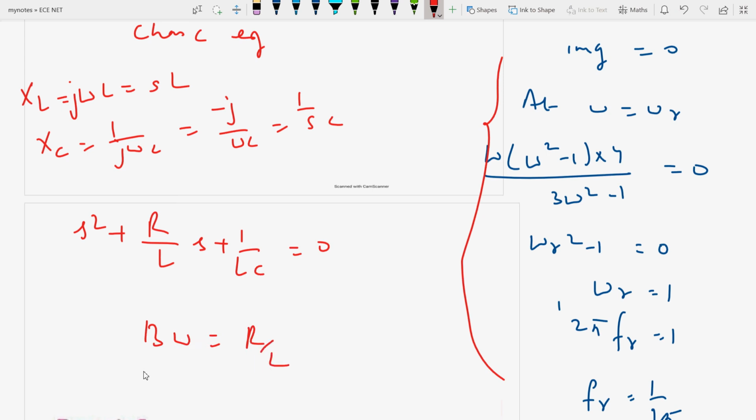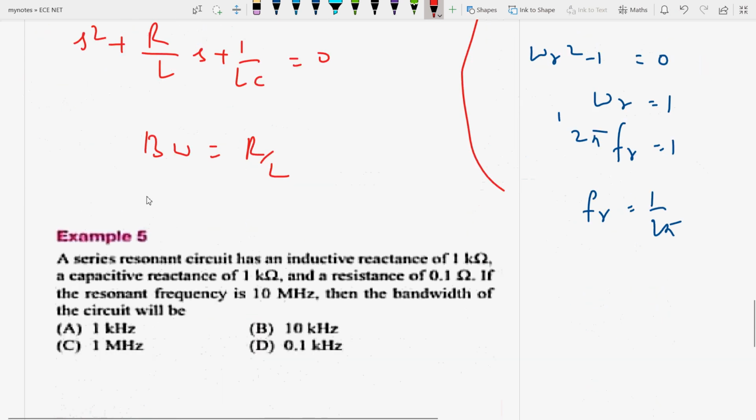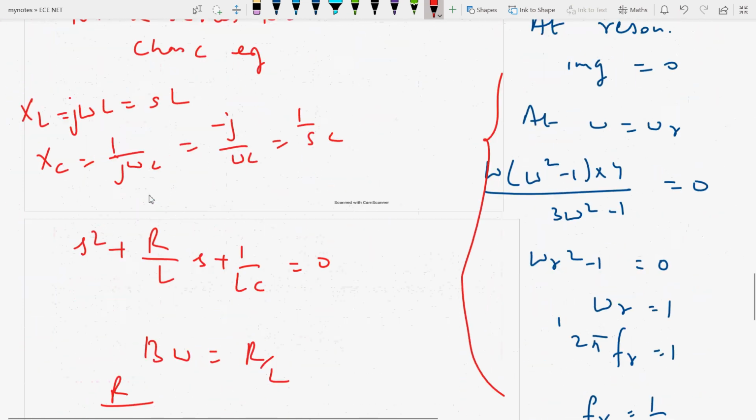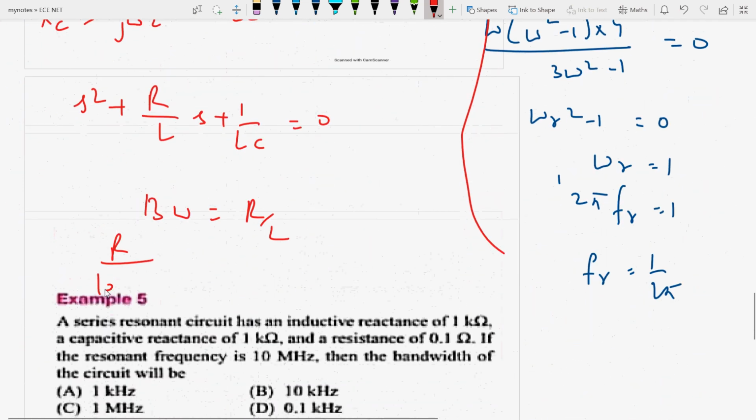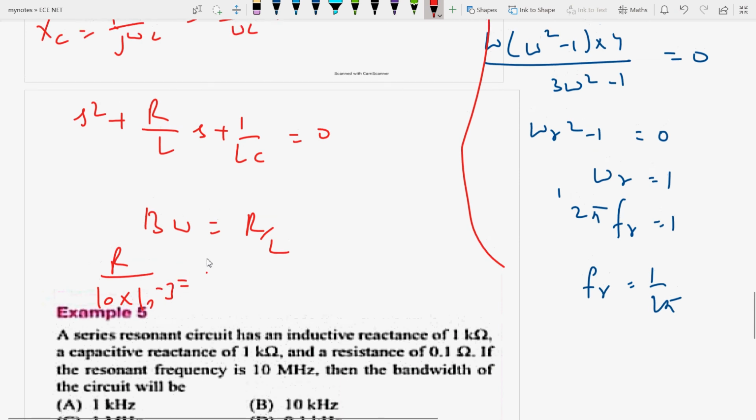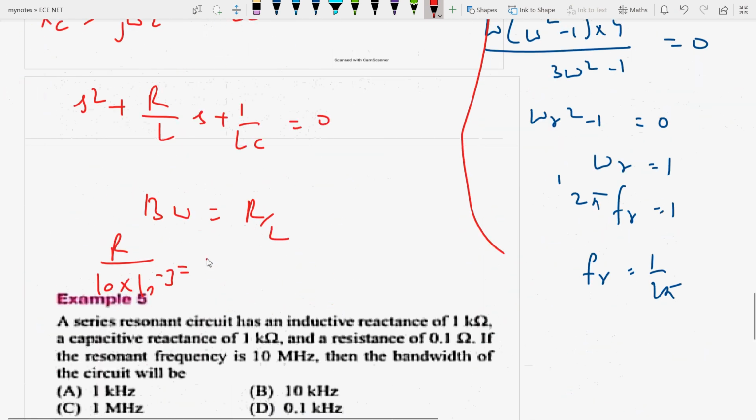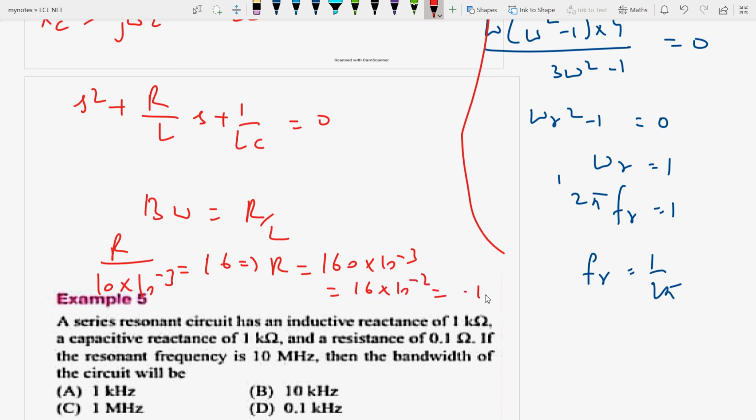So just put down the values here: L is 10 millihenry, so it is 10 into 10 to the power minus 3, and the bandwidth is 16 hertz, so it is 16. So R is equal to 160 into 10 to the power minus 3, which is 16 into 10 to the power minus 2, equal to 0.16 ohm.